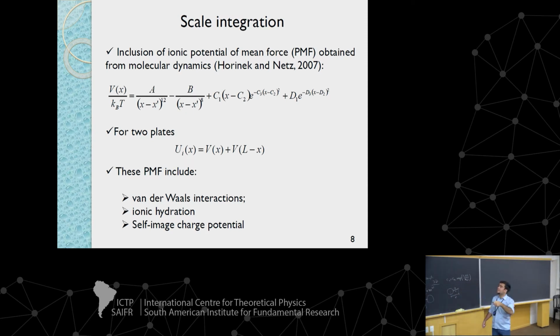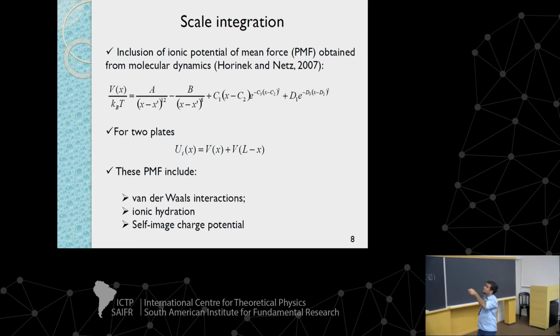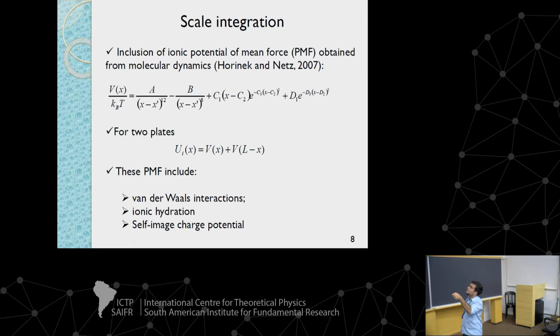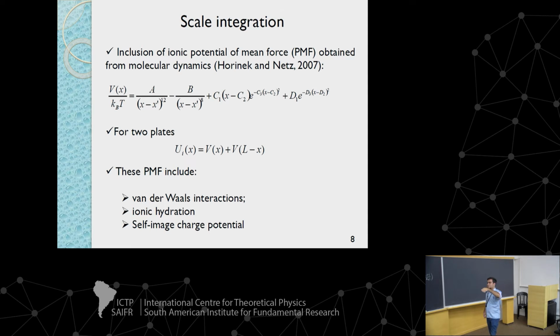So we have this kind of expression for the potential of mean force. Don't bother about the coefficients here, the parameters, because we only use them in order to turn results that are not continuous into a function, so that we can use it in a continuous theory.